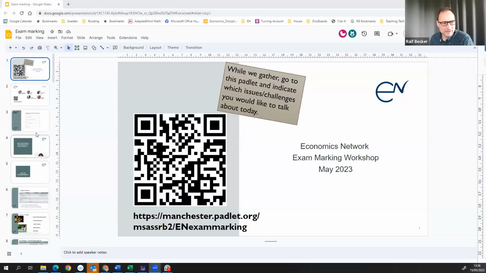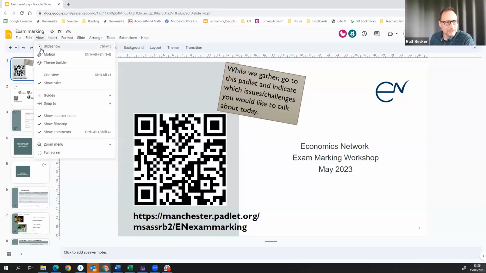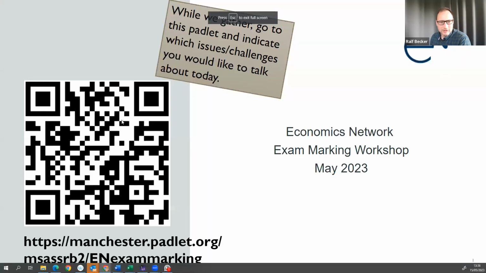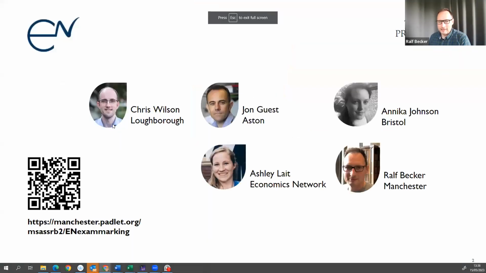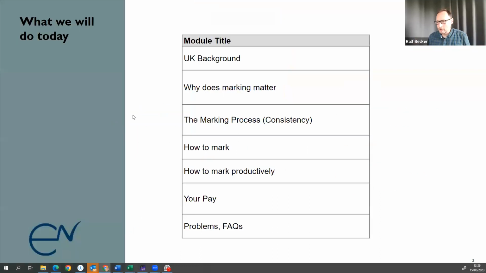So before we start that, let me share the screen. Here we go. Okay, so here are everyone contributing and the link, but you've already seen that. What we're going to do today is have a very quick UK HE marking and assessment background, perhaps some things that you're unfamiliar with and which may be important.